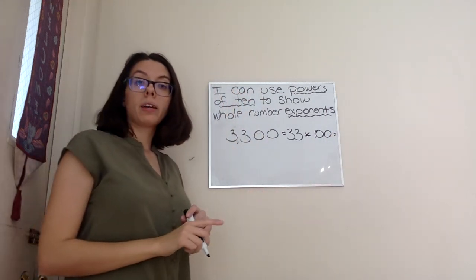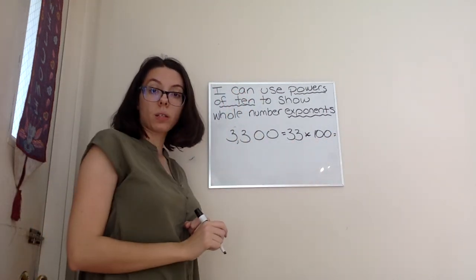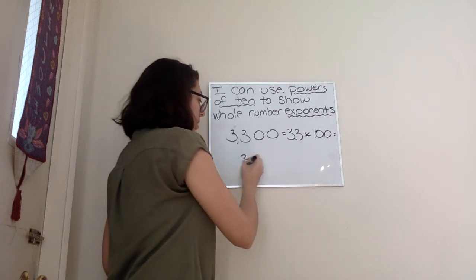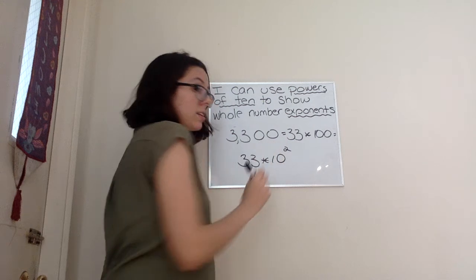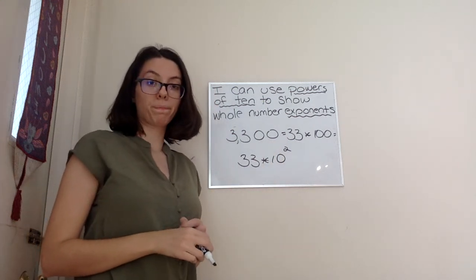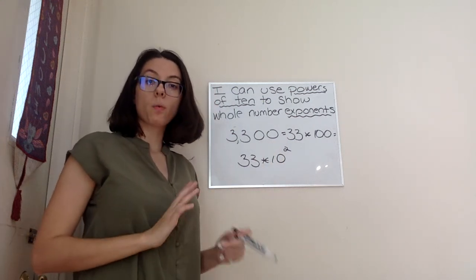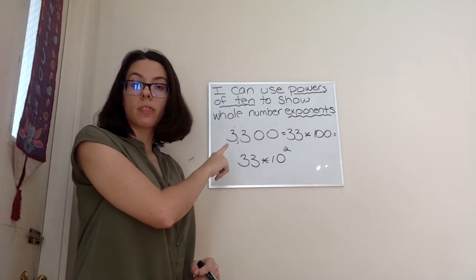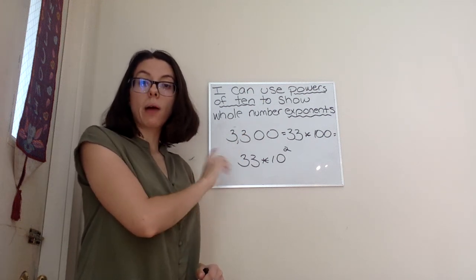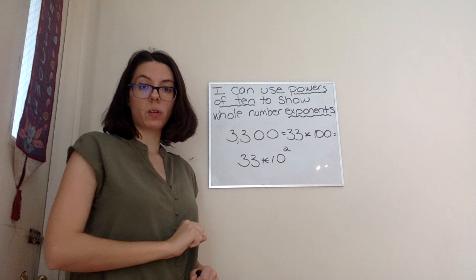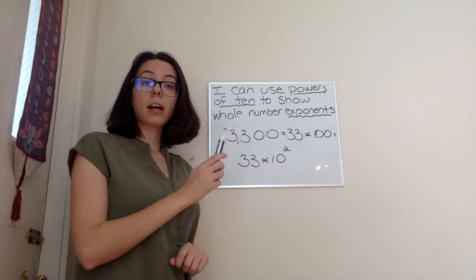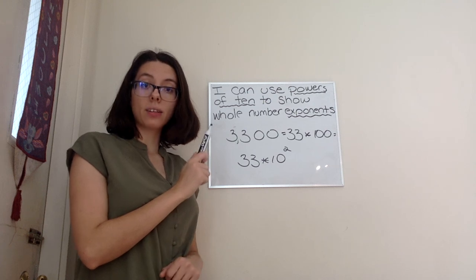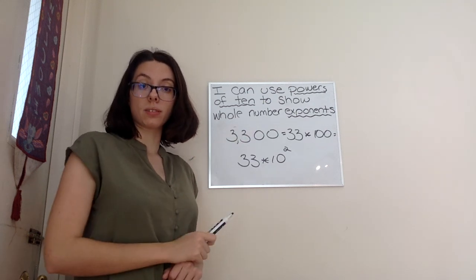But I could also show it by making this 100 an exponent. I could also say 33 times 10 to the 2nd power. That's just another way that you can express this number right here. I will make that its own whole separate video, but I just want to introduce the concept that you can use powers of 10 to show whole number exponents.